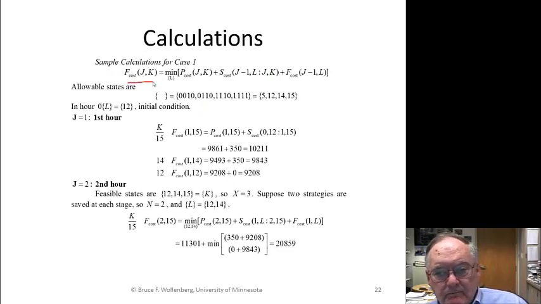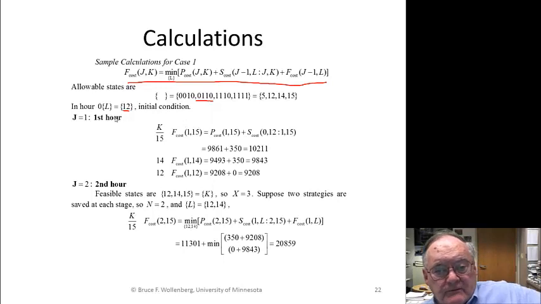This is my recursive formula again. So if I'm going to go from hour 0, L equals 1, equals 12. We said that's the initial condition, state number 12, in which the second and third units are on. And so then I'm going to go to j equals 1, the first hour.